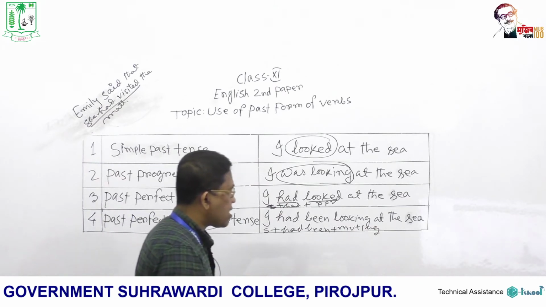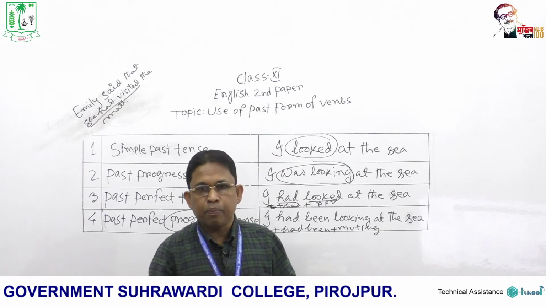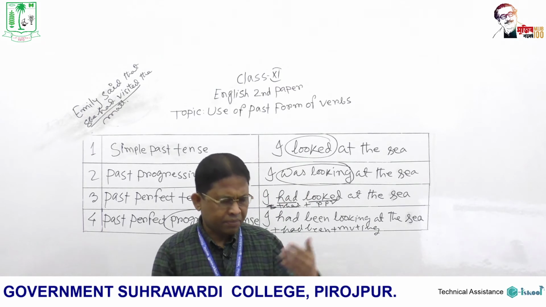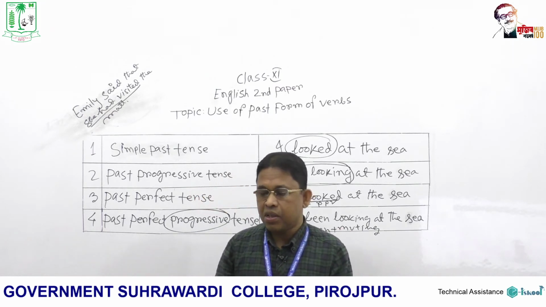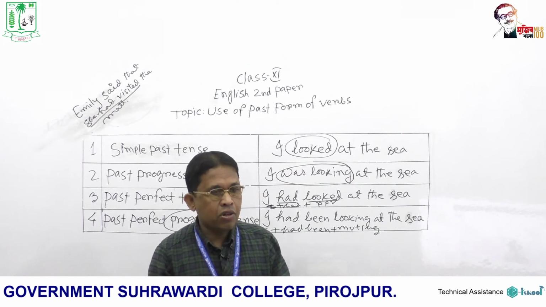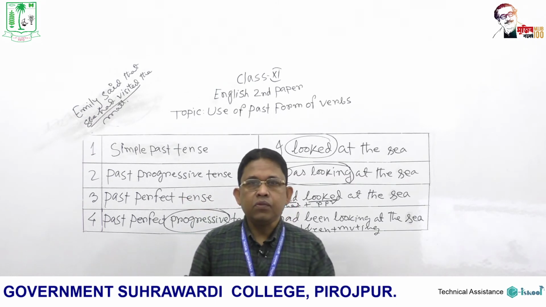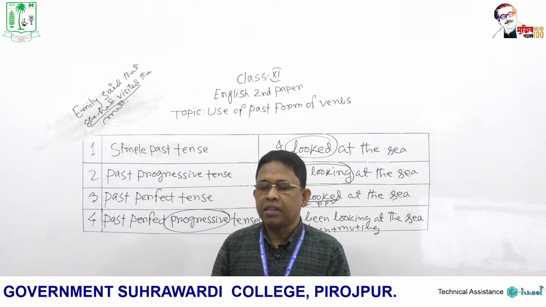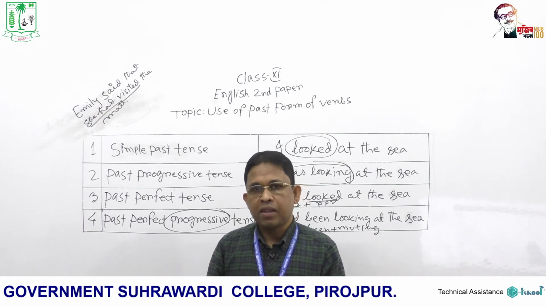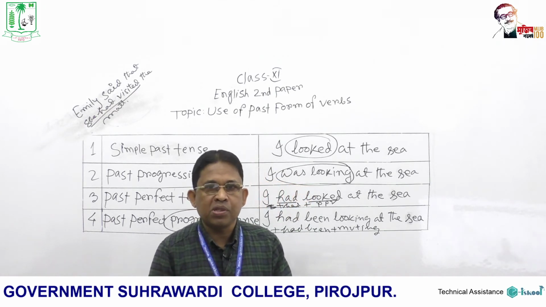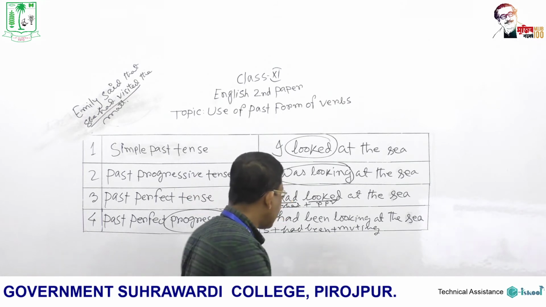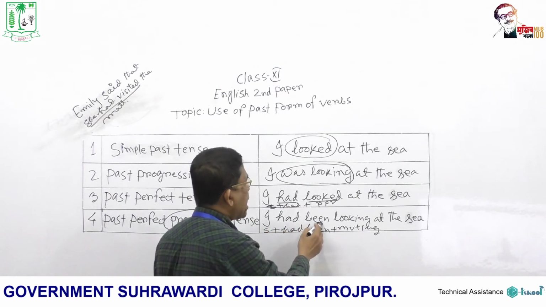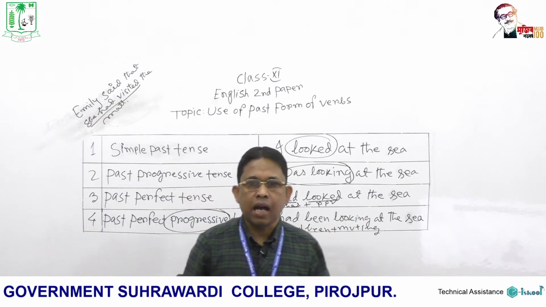As in our previous classes, we discussed that continuous tense, whether it is perfect continuous or just simple continuous, in active voice always takes the ing form of main verbs. This is the structure of the past perfect progressive tense: subject plus had been plus main verb plus ing.